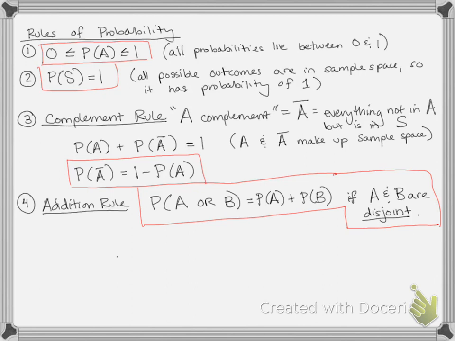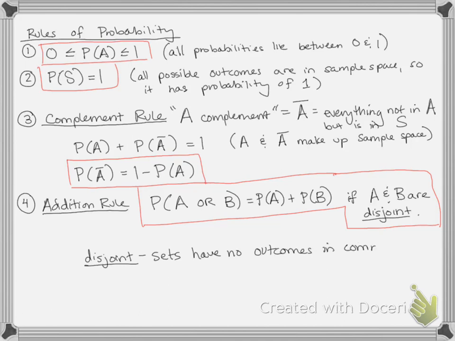So let's describe that underneath. Disjoint means that these sets have no outcomes in common. Well, let's not even say two, because it could be possible for more than two.